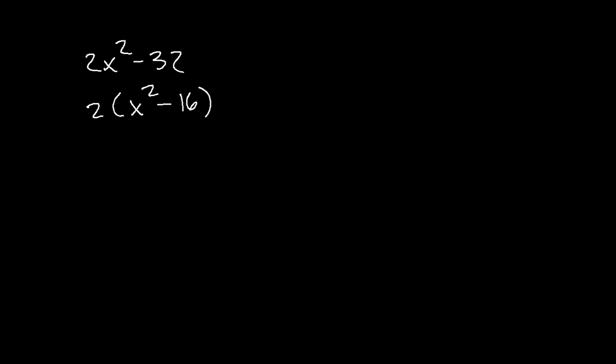There we go. x squared minus 16 is now a difference of perfect squares, which means we can use the formula in order to get the factors. a squared is equal to x squared, and b squared equals 16. The square root of a squared is equal to x, and the square root of b squared is b, and the square root of 16 is positive 4.